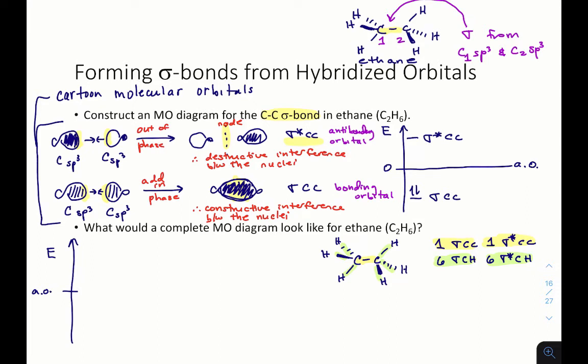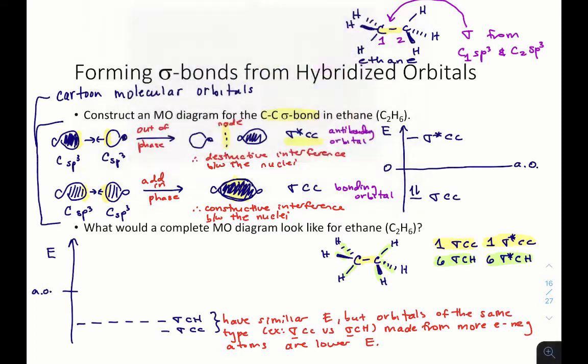Now, a question that you might have: what are the relative energies of the sigma CH and sigma CC orbitals? Because we know they're both going to be lower than the atomic orbitals, but do they have the same energy? Do they have different energies? Well, these 2 types of orbitals have roughly the same energy, but I want you to use the rule of thumb that orbitals of the same type, so sigma orbitals, from more electronegative atoms are lower energy.